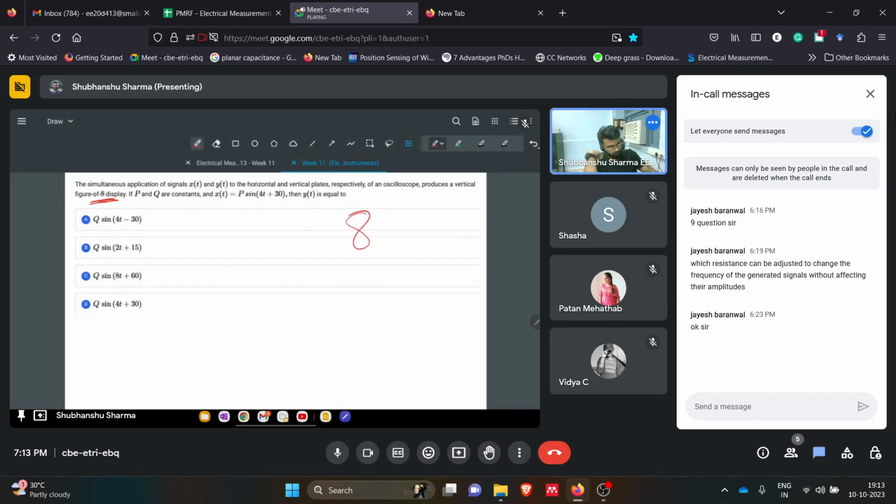This is a kind of shortcut. Basically Fy by Fx, the ratio of these two frequencies, the y channel signal and x channel signal, is given by the number of horizontal tangents divided by the number of vertical tangents, the maximum number of horizontal tangents.